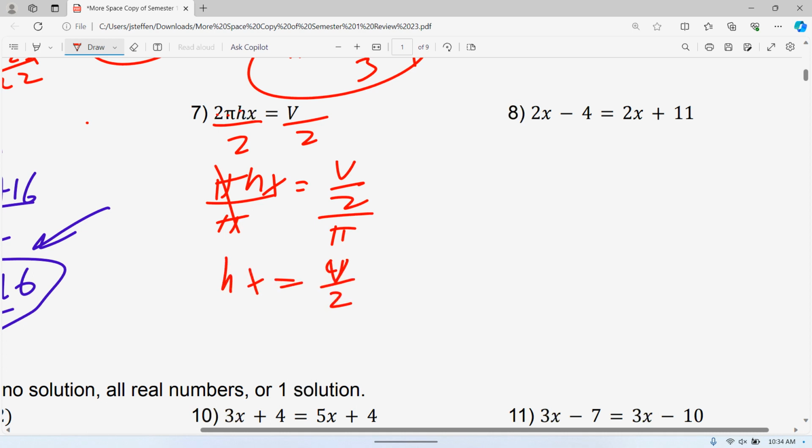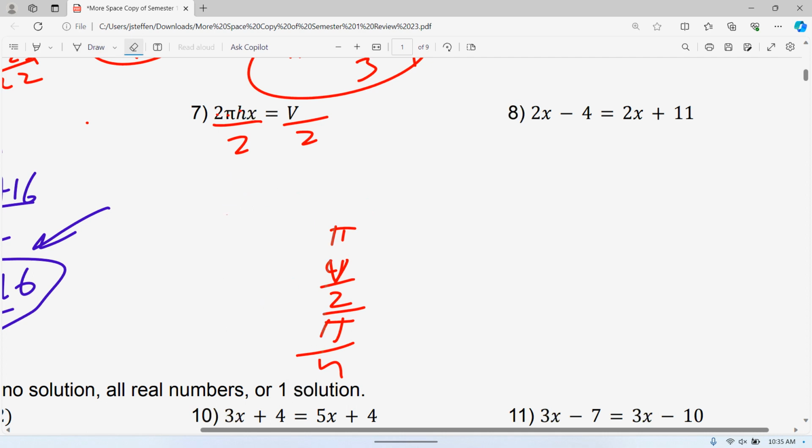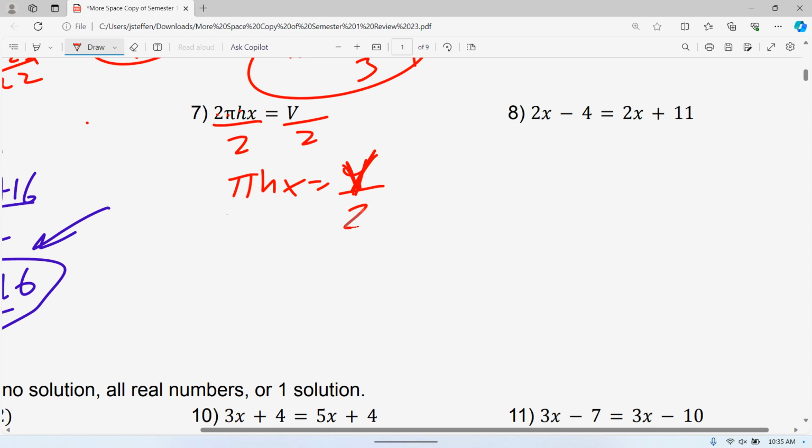V over 2 over pi. V over 2 over pi over h. Do one at a time. Everything else you're dividing just goes in that same denominator. So if you want to divide by 2, that's fine. Over here, when you divide by pi, just put it in the denominator. We're already dividing by 2, so put the pi in with what we're already dividing by. Same thing, we divide by.